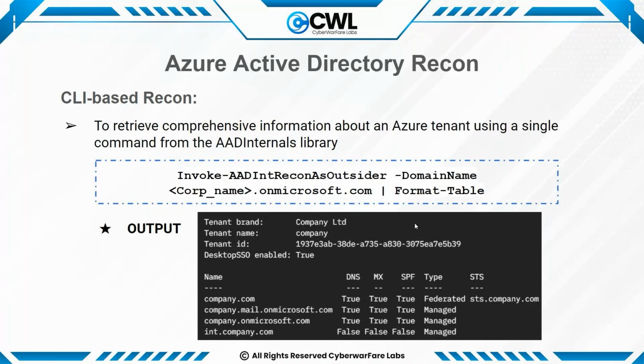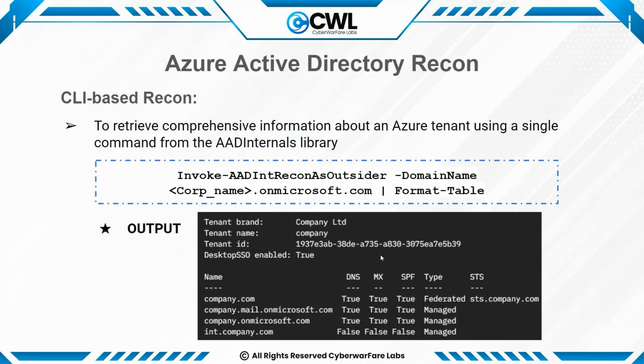organizational security policies. So here, Invoke-AADIntReconAsOutsider. This particular cmdlet appears to initiate a reconnaissance or information gathering operation against Azure Active Directory from the perspective of an outsider, without authenticating himself or herself.